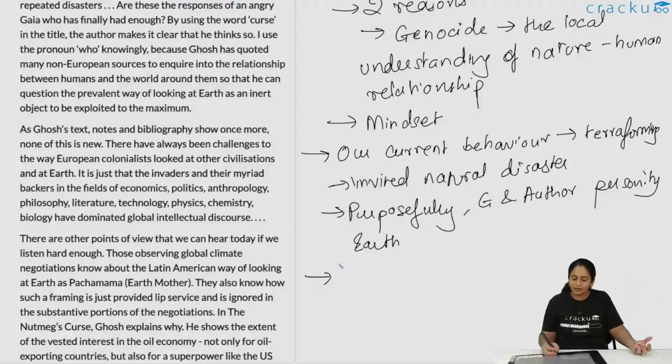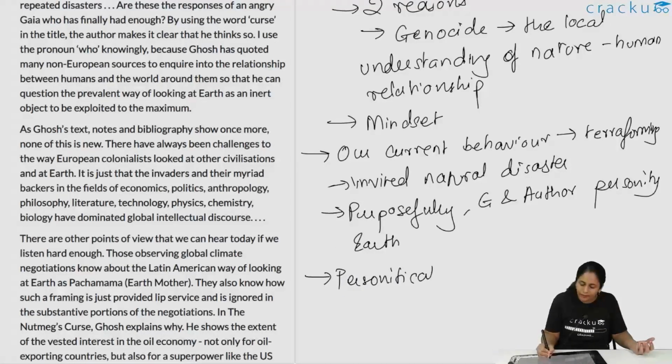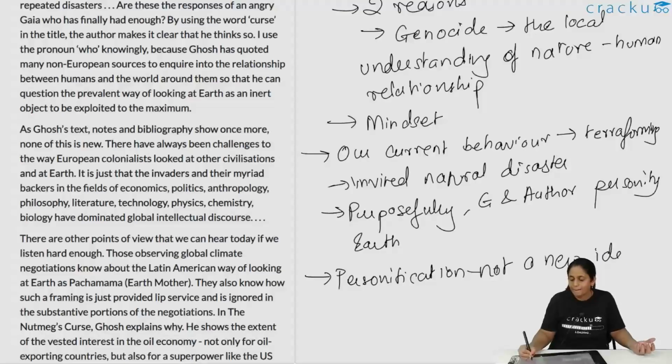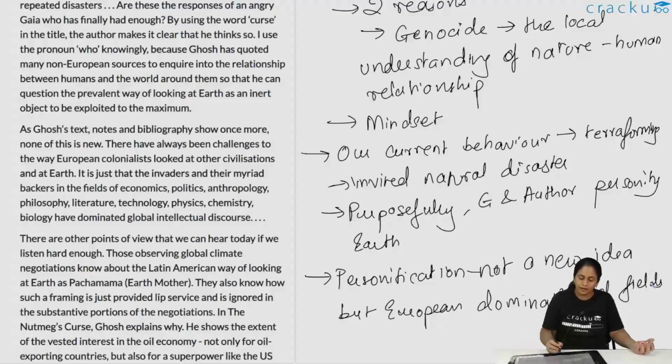So that is why the author is saying that this personification is not a new idea. This is an old idea, but European domination of fields ensured that the European idea of Earth was dominant.